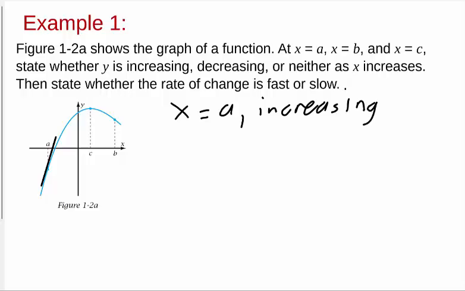All right. x equals b is the third point here. We can see that it's going down if we draw our line, hitting the point, like something close to that. We can see it's going down. So it's definitely decreasing.